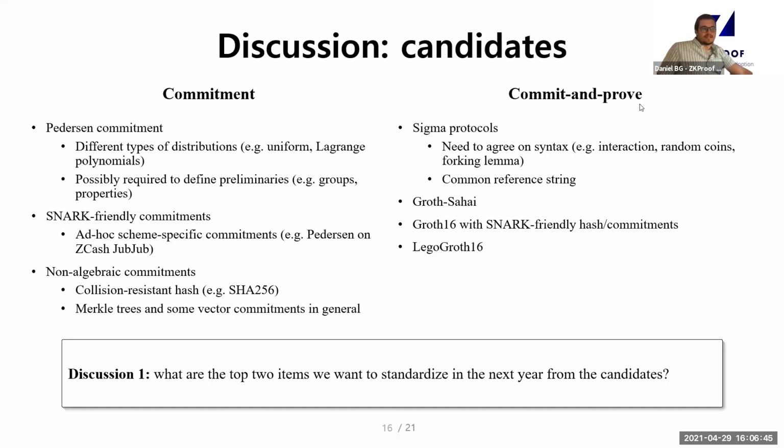But it does seem like it would be interesting to have conventional hash functions instantiated as commitments. Yeah, it seems like there's a good consensus that we should standardize Pedersen commitments and conventional hash functions first, and then algebraic hashes if there's enough effort and interest and time.